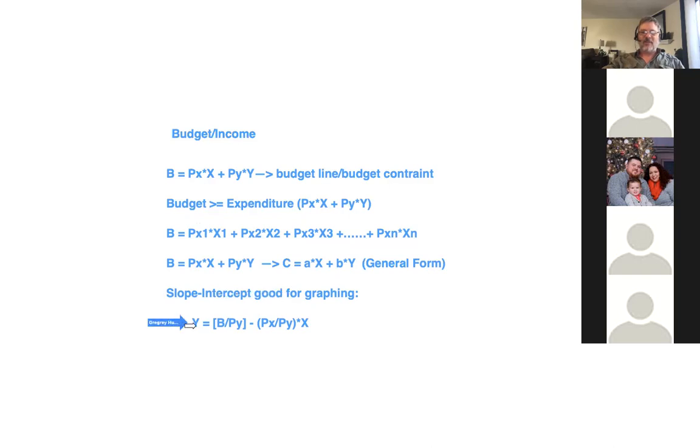Oh, yeah, I got it now. It's kind of just like doing y equals mx plus b. Yeah, essentially, and this is the general form, and you're right.